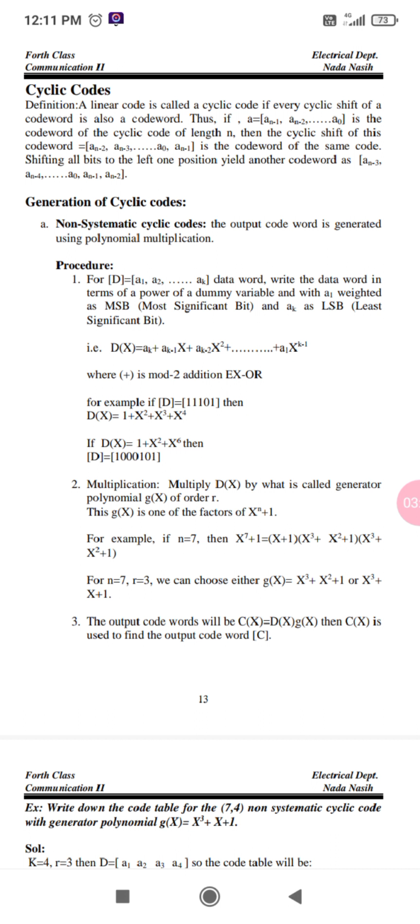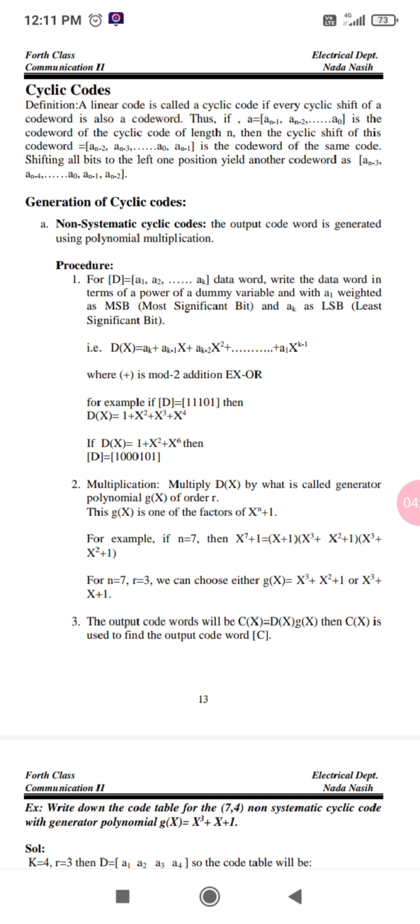Generation of cyclic code. First is non-systematic cyclic code. The output code word is generated using polynomial multiplication. The procedure is as follows. First step: for the data word d = (a1, a2, ..., ak), write the data word in terms of powers of a dummy variable, with a1 weighted as MSB, most significant bit, and ak as LSB, least significant bit.